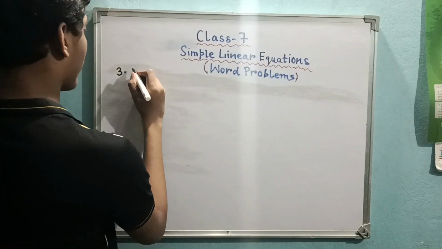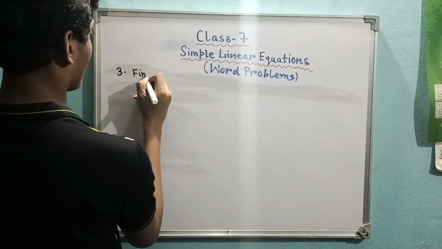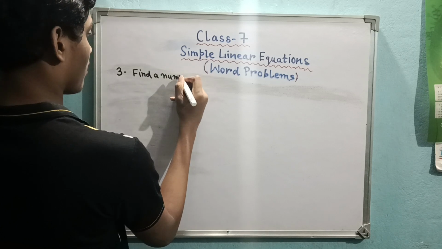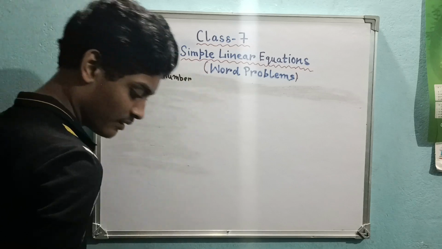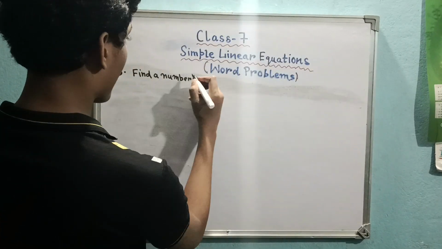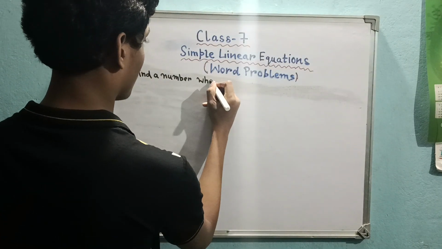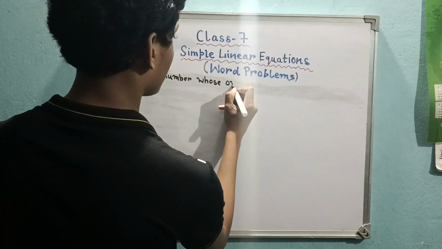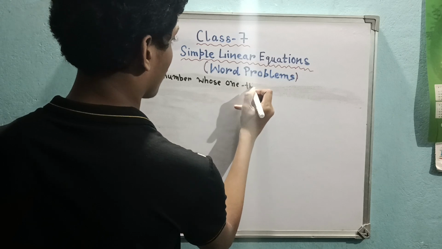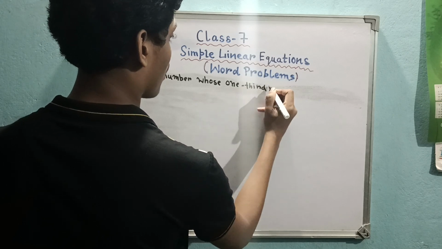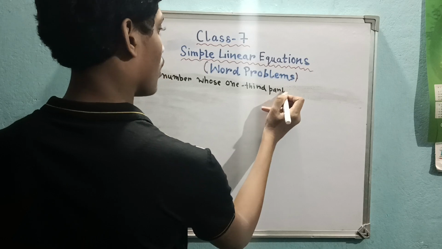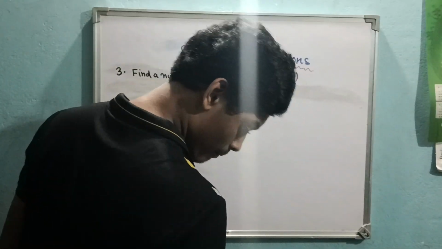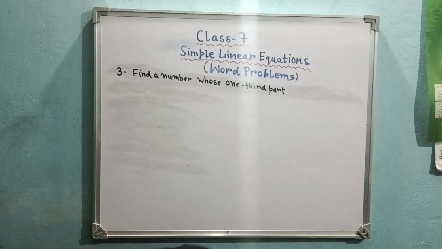This is a little bit different. Find a number. Again, find a number only. So this will be x. But let's see what the question is. A number whose 1/3 part exceeds its 1/5 part by 20.